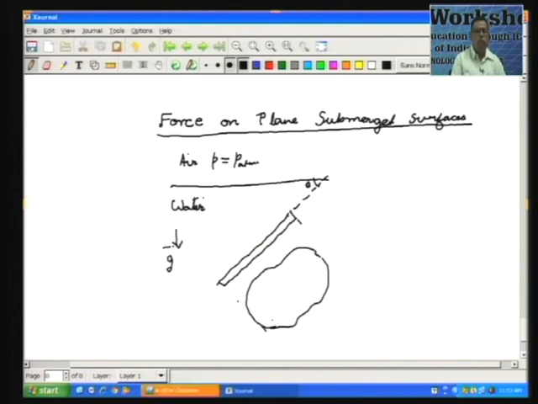Now, what we will do is we will put a coordinate system with the origin at the centroid of this surface. So, let us say the centroid is here. So, we will take its projection on this face, the surface is here. We will take a coordinate system where now z is not vertical, but perpendicular to this surface. So, this is my z and this is y, let us say.